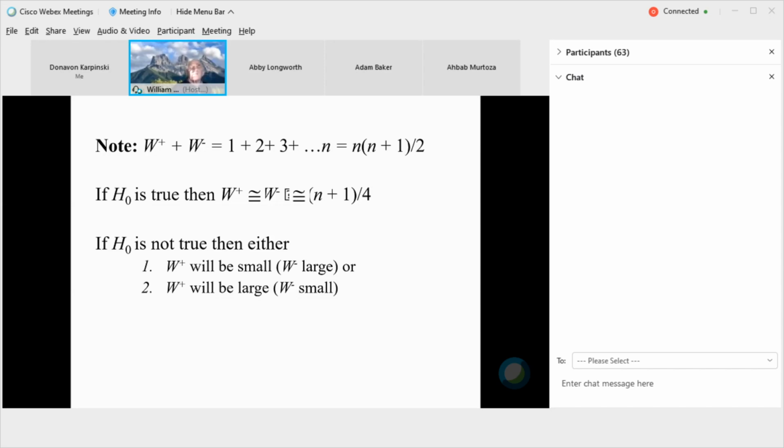If H naught is not true, W plus will be small or W negative will be large, or W plus will be large, W negative will be small. So the test statistic is either W plus or W negative. If you know one, you know the other.